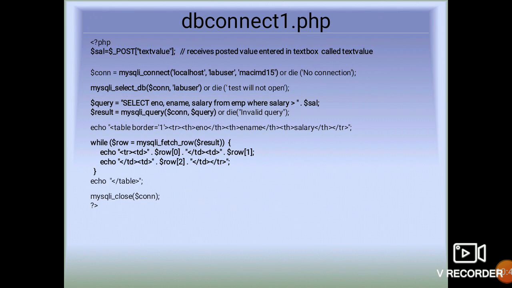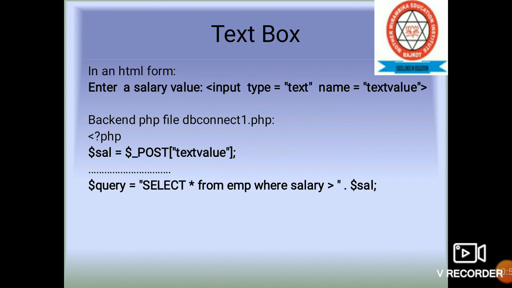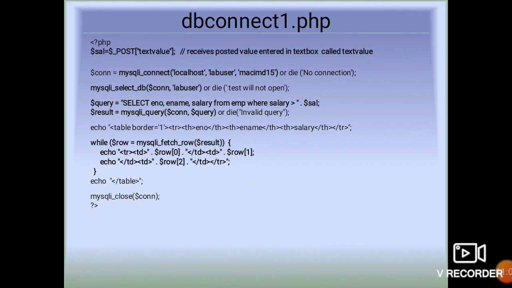The whole PHP code is given. The PHP tag is started, $cell equals $_POST of text value. Text value is the name of the input box or text box that we have taken in our previous HTML code. Next, the connection code is given, $con equals mysql_connect, and the required arguments will be passed or the die function will execute.